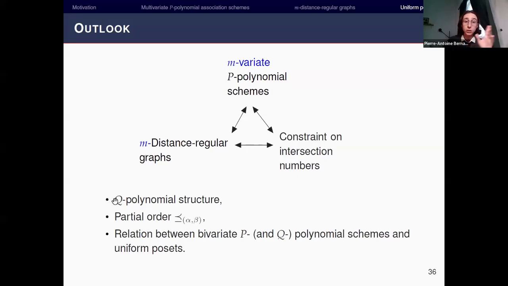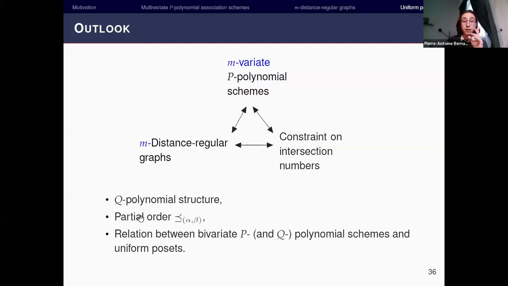Something that we didn't talk about is the Q-polynomial structure, but this notion of M-variate Q-polynomial has also been introduced and studied. There is just no relation between these Q-polynomial schemes and distance regular graphs, so we didn't talk about it today, but just know that this exists.